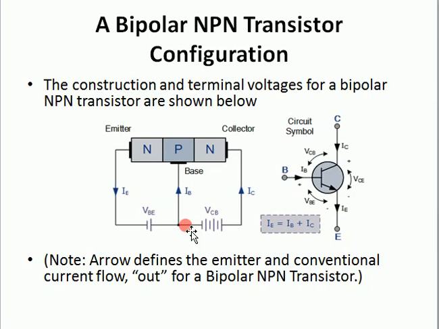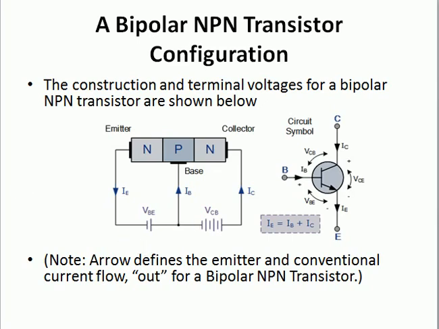So here we have discussed the transistor operating regions, and we see that a transistor has three operating regions. First one is the cutoff, second one is the saturation, and third one is the active region. In the cutoff region, the transistor acts as an off switch. In the saturation region, the transistor works as an on switch, and in the active region, it works as an amplifier.